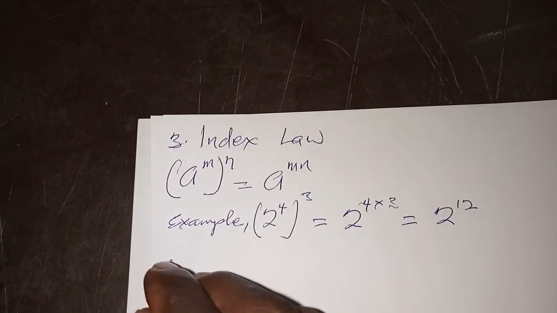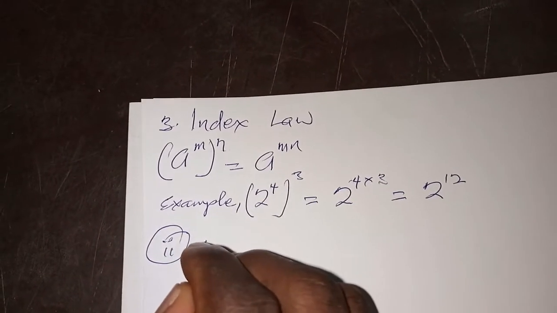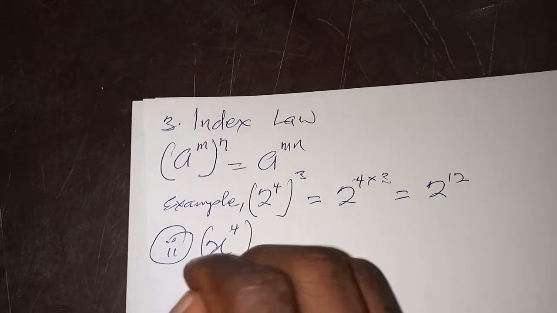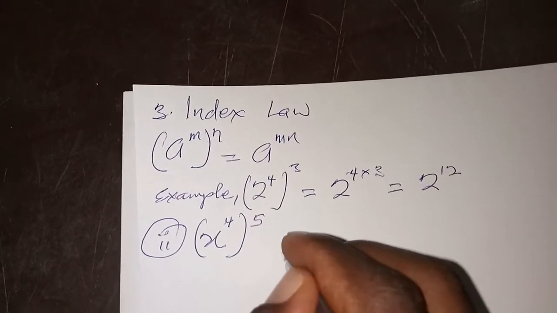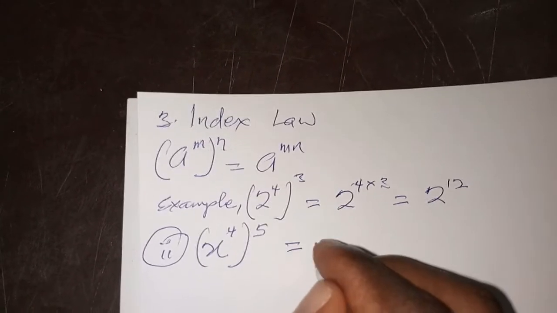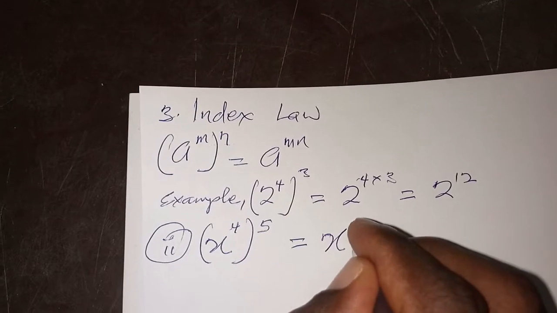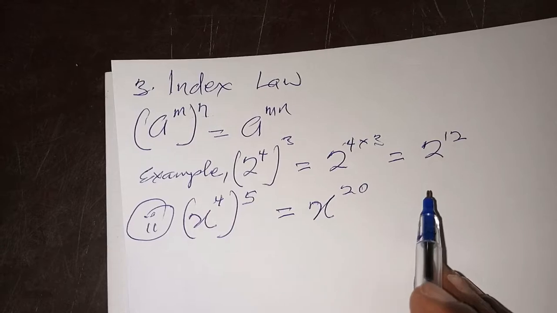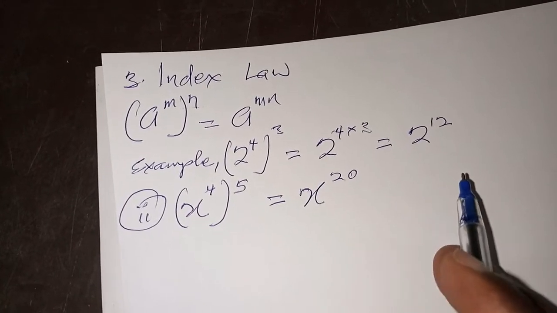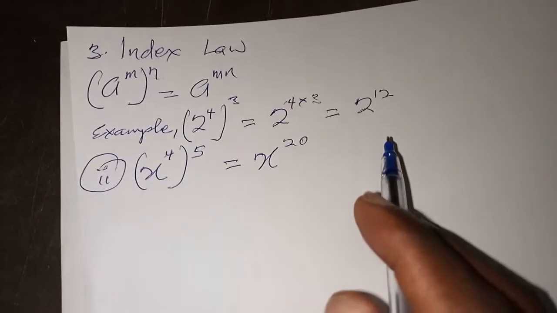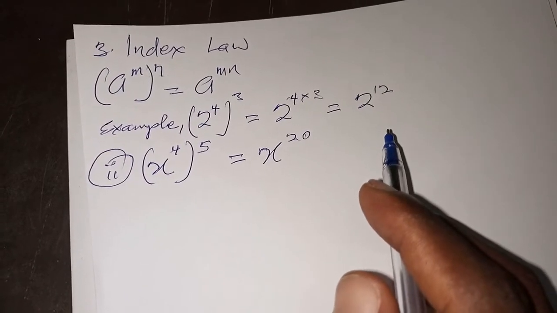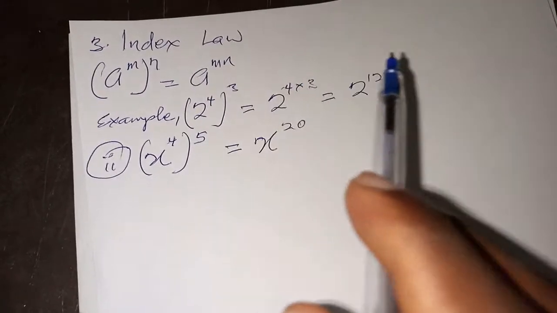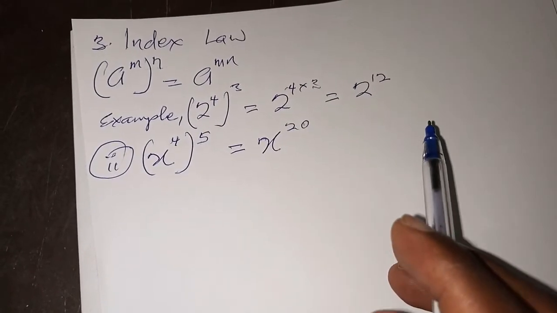The same way, x exponent 4, all to the exponent 5, will just give us x exponent 20, because 4 times 5 is 20. So that is the third law. It says that when you have a number with an exponent and together it is carrying another exponent, then just multiply the two exponents.